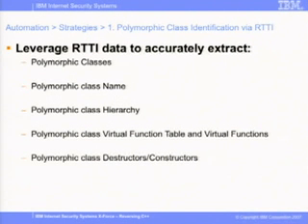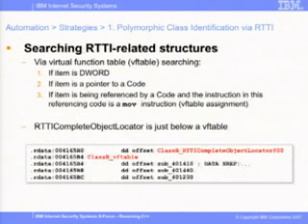So the first thing that a tool can do is try to leverage RTTI if it exists. With RTTI, you can identify the polymorphic classes, the class names, the class hierarchy, the virtual function tables and virtual functions, and the destructors and constructors of polymorphic classes. The first thing you can do is try to enumerate each item in the disassembly.